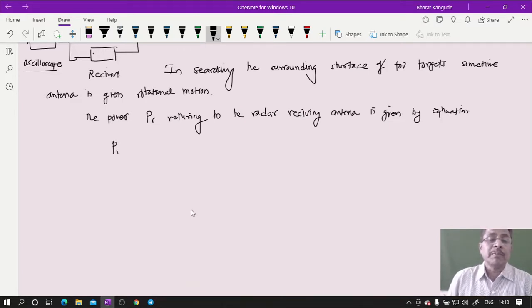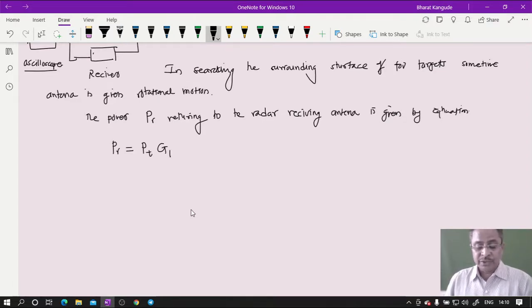So this is given by PR is equal to the power returning to the radar receiving antenna, and the relation between power emitted or transmitted and received is given by PT, the power transmitted, multiplied by a very big formula.